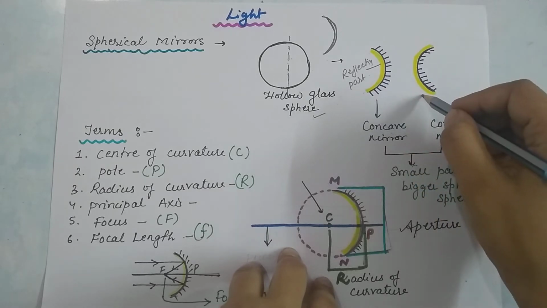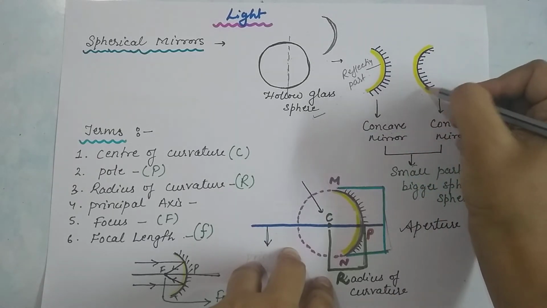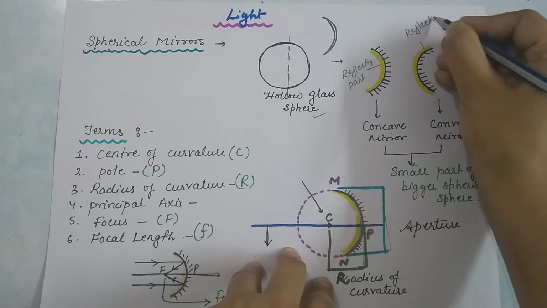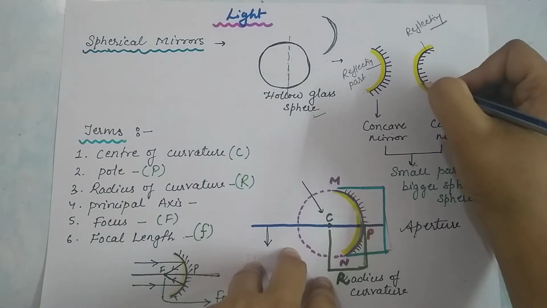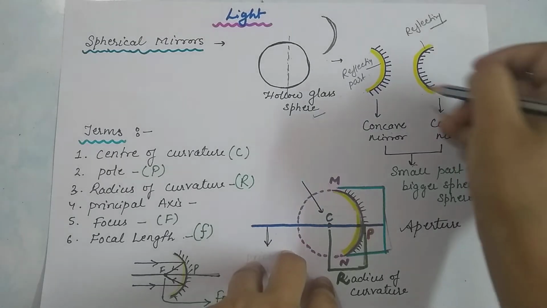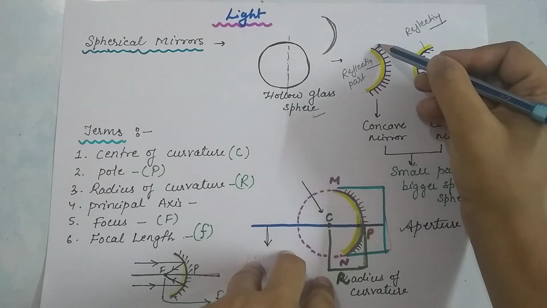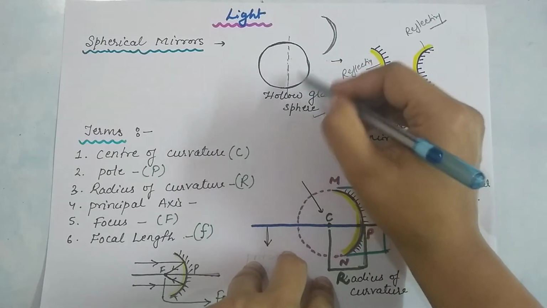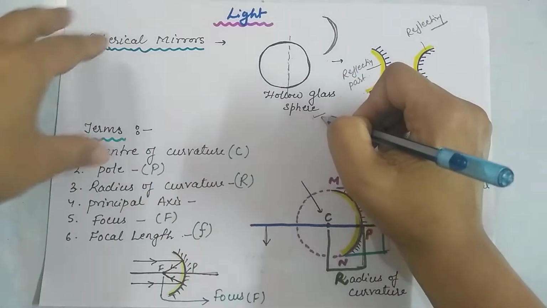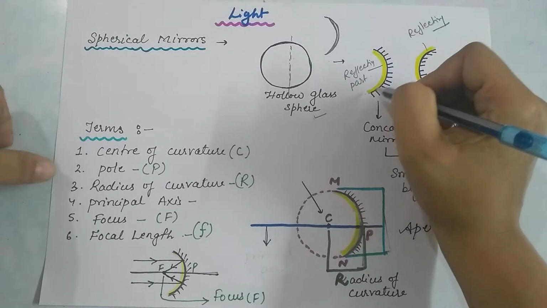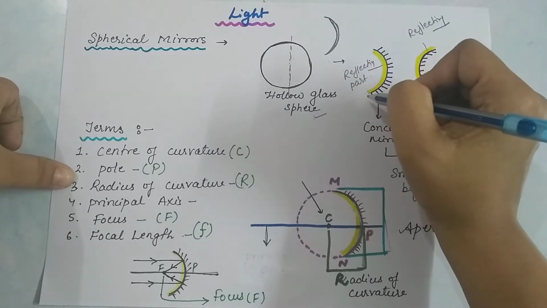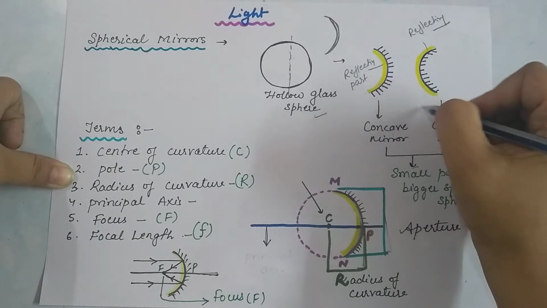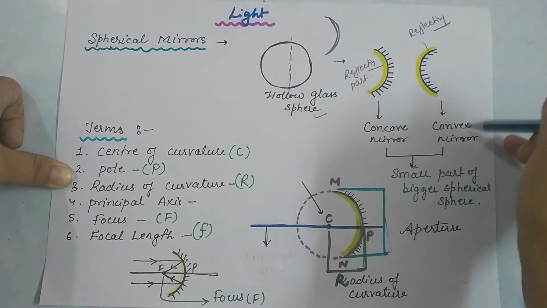The second one is when the outer part is reflecting, then this is called convex mirror. So when we cut a particular part of a hollow glass sphere and coat the inner part, that is called concave mirror, and when the outer part is coated with silver, that is called convex mirror.